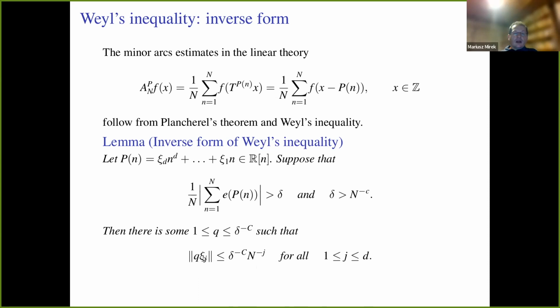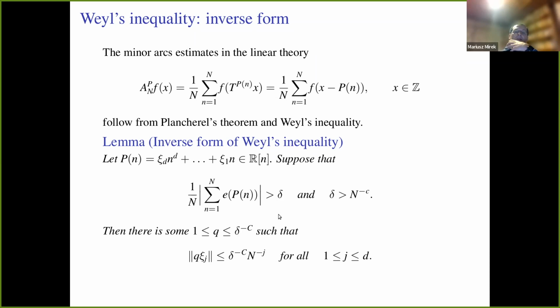So in other words, every coefficient of this polynomial belongs to major arcs. In other words, they are approximated by rationals which have small denominators, and Q is a denominator, and the smallness is controlled in terms of this delta that we have here.